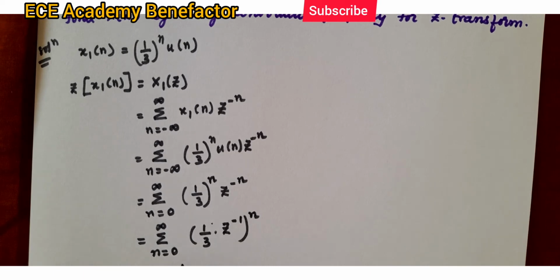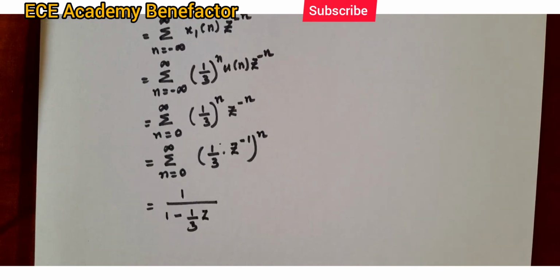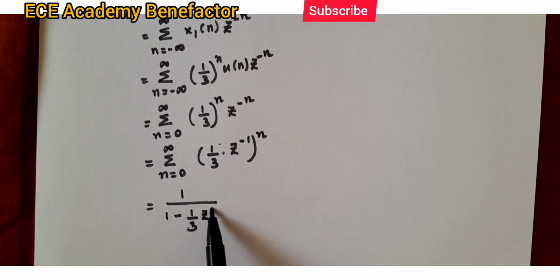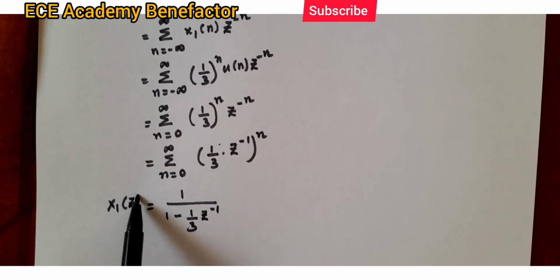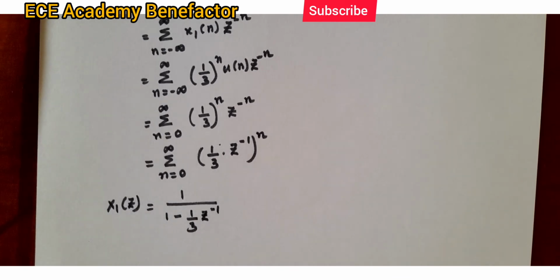Here we can use the formula 1 by 1 minus alpha. So it becomes 1 by 1 minus 1/3 z to the power minus 1. So this is X1 of z. What is the formula we have used here?